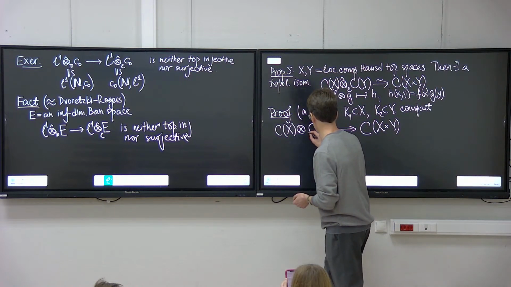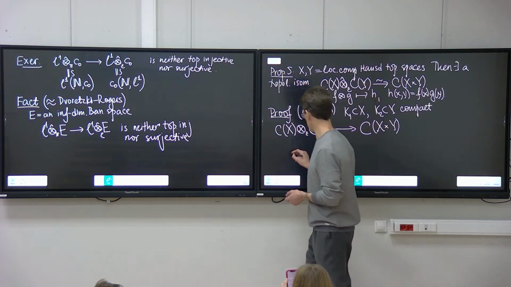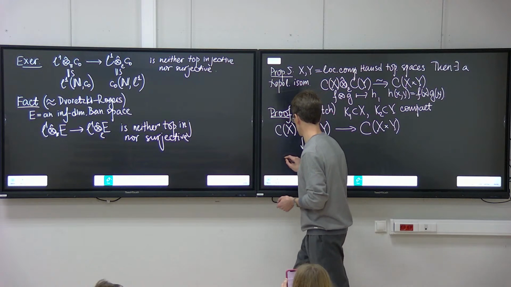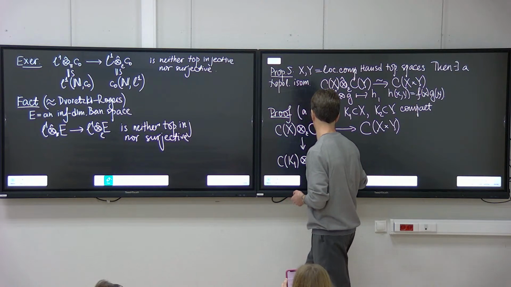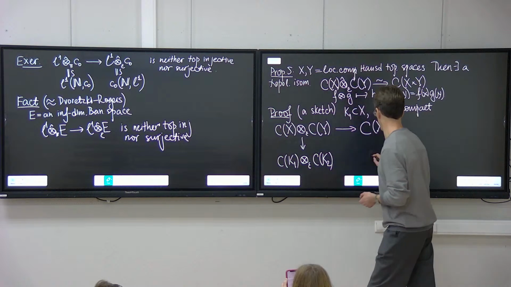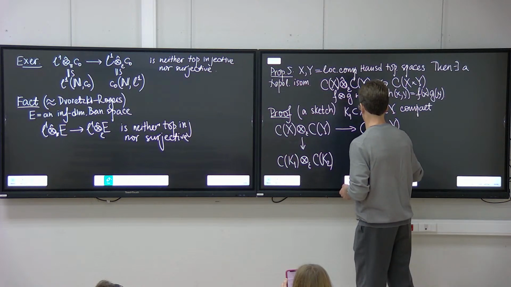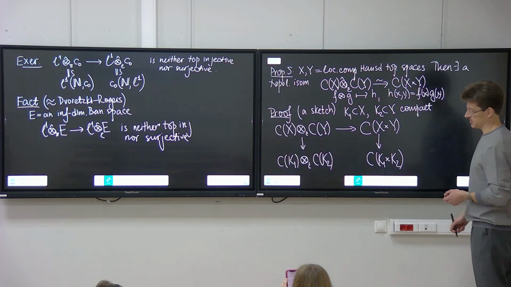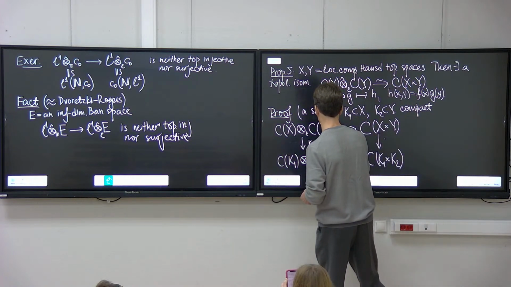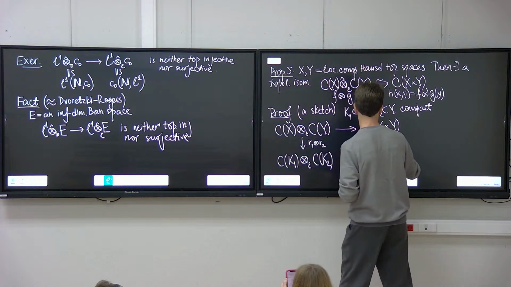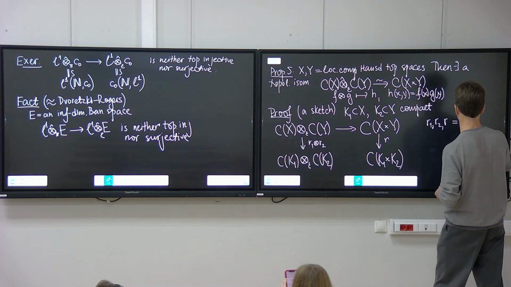And here we equip this algebraic tensor product with the injective tensor topology, and we consider the following diagram. So here we have C of K1 with C of K2. And here we have C of K1 cross K2. The vertical arrows are just the restriction maps, R1 tensor R2, so R1, R2, R are just the restriction maps.